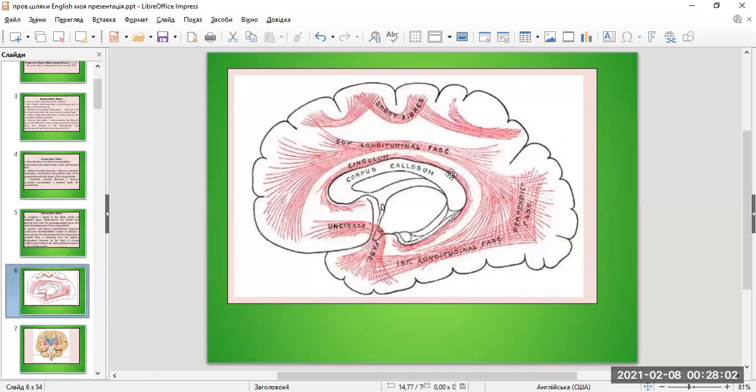Cingulum interconnects the frontal and parietal lobe with the parahippocampal gyrus and with the adjacent part of the temporal lobe. Inferior longitudinal fasciculus interconnects the occipital and temporal lobe.